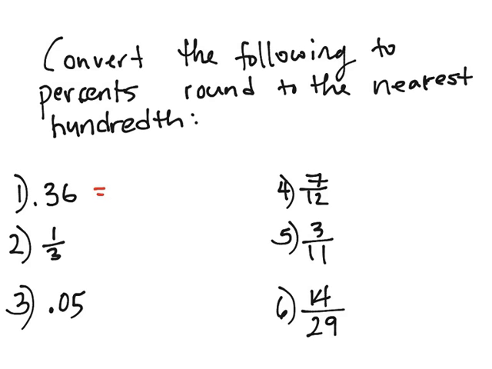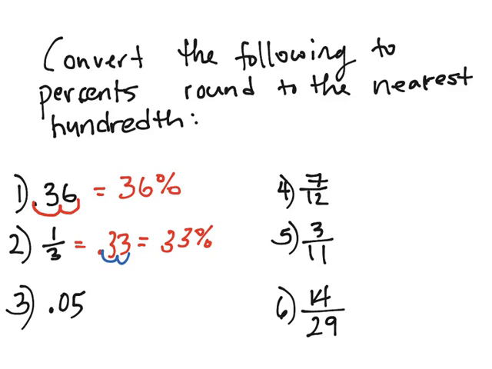So 36 hundredths, if we're going to convert this to a percent, we need to multiply by 100. So we move the decimal point 2 places. So it becomes 36%. Okay, 1/3, if we convert this to a decimal first, we get 33 hundredths. Okay, and then we multiply that by 100, and we get 33%.